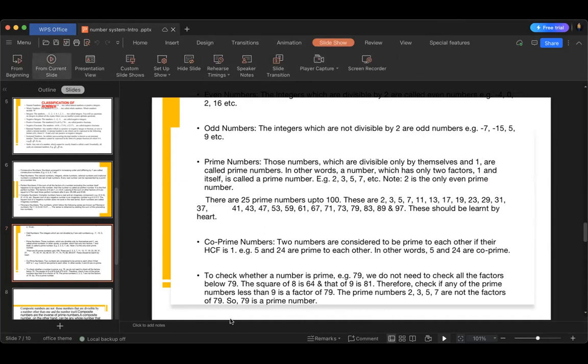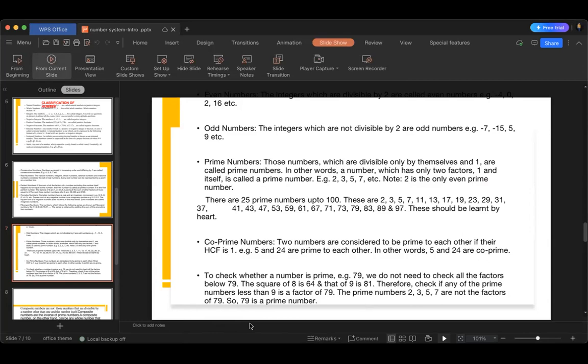We have to check the previous one and the next one. This is in between 9 and 8. So we will be checking only the prime factors less than 9.